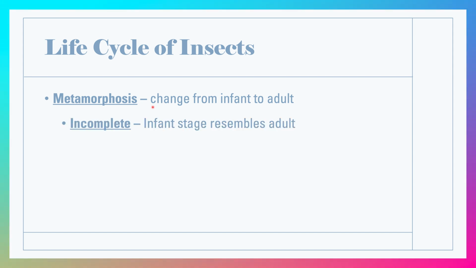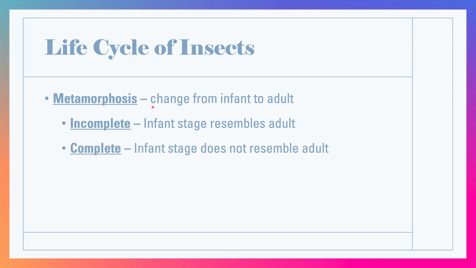Now, incomplete metamorphosis is when the infant stage significantly resembles the adult stage. And so there are still some differences, but essentially the infant stage is a small version of the adult stage, whereas in complete metamorphosis, there is no resemblance, no relationship between the infant stage and the adult stage.